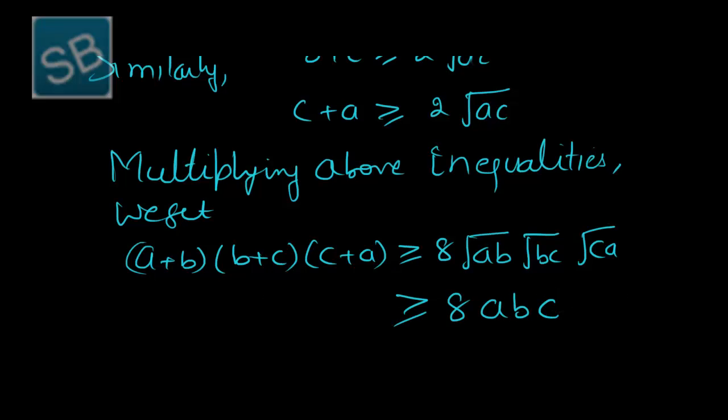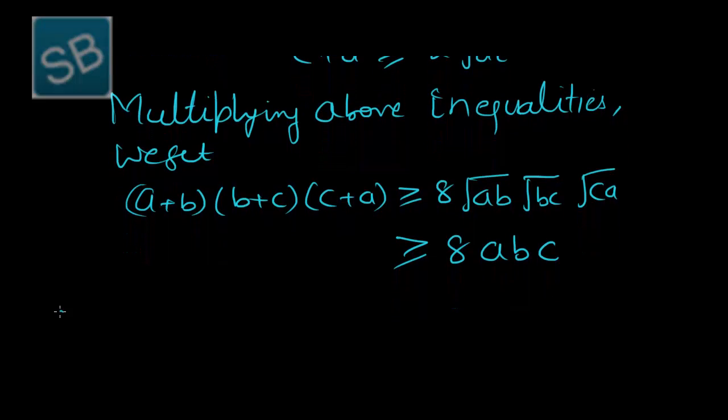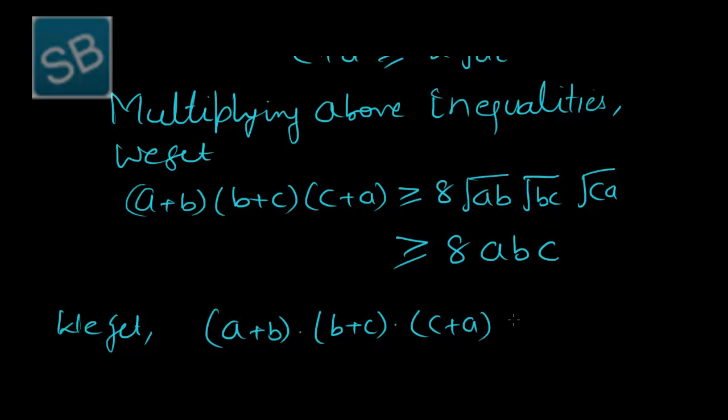So we get A plus B into B plus C into C plus A is greater than or equal to 8 times ABC. Hence the result is proved. So it was all about the problems based on AM and GM, that is, mixed problems that involve arithmetic and geometric means.